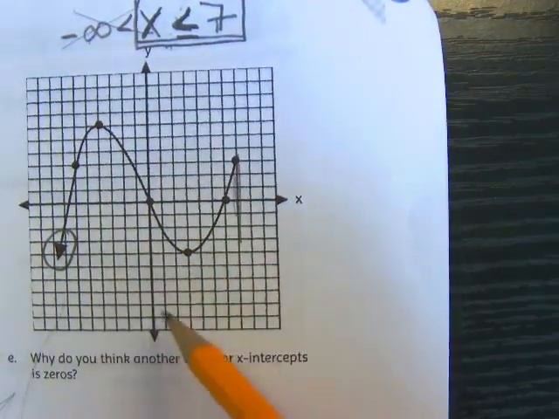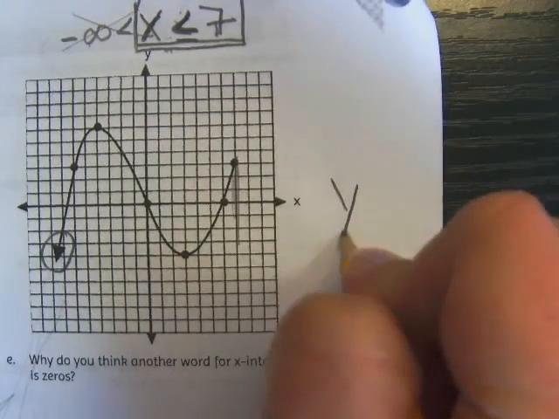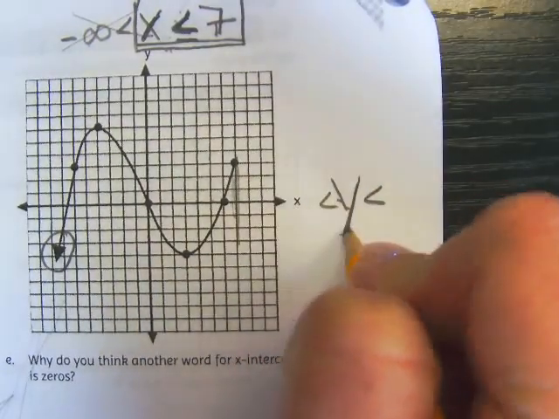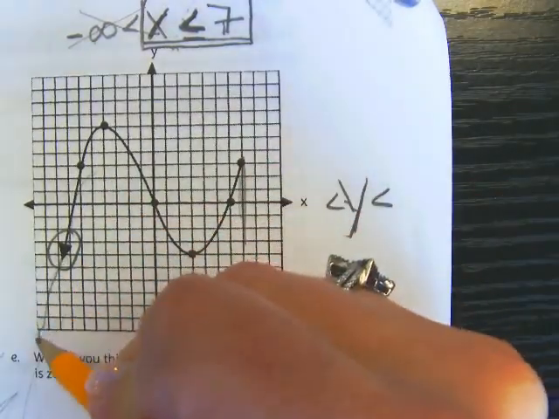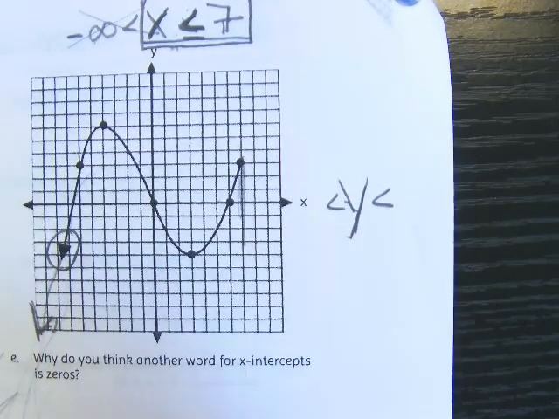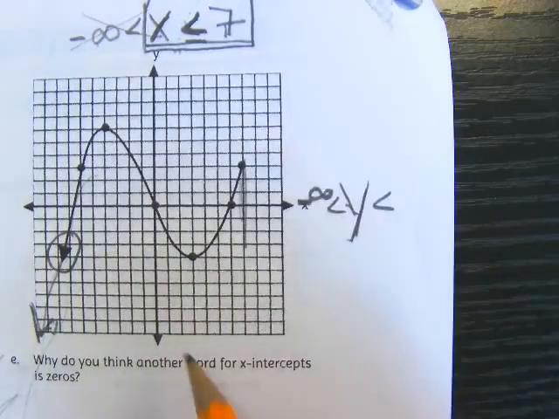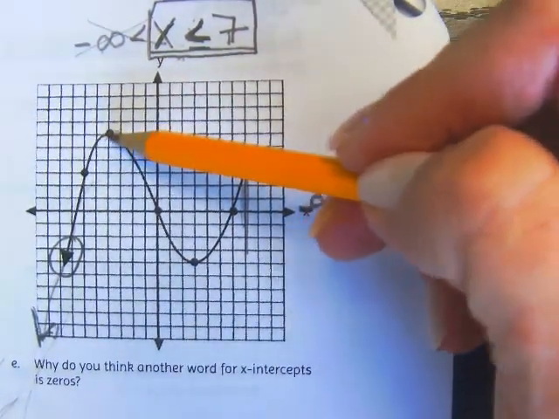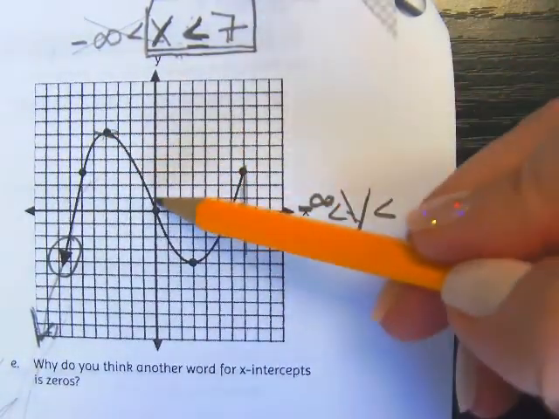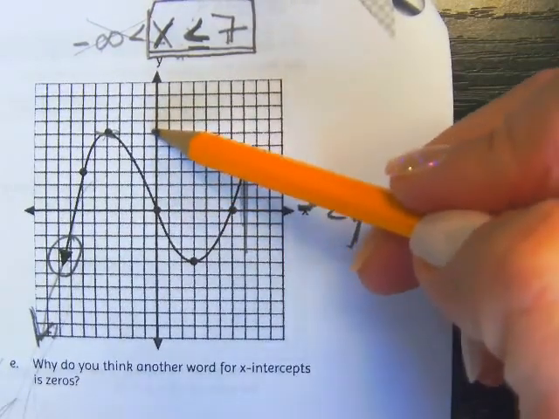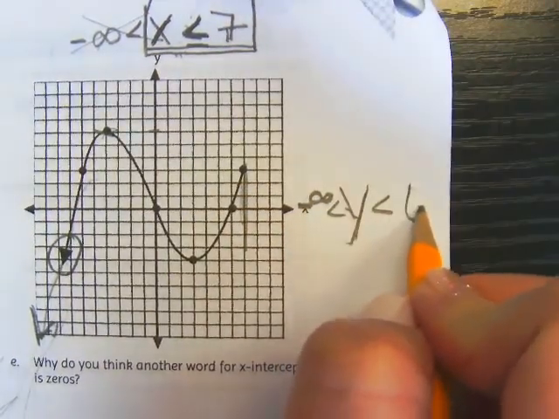Okay, so let's talk about the range then. Range is y. I got my less thans. Where is it starting? We don't know. It's going on and on and on. So that's going to be negative infinity. And the top of it is up here. That's the highest that it goes. So 1, 2, 3, 4, 5, 6. Y is less than 6.